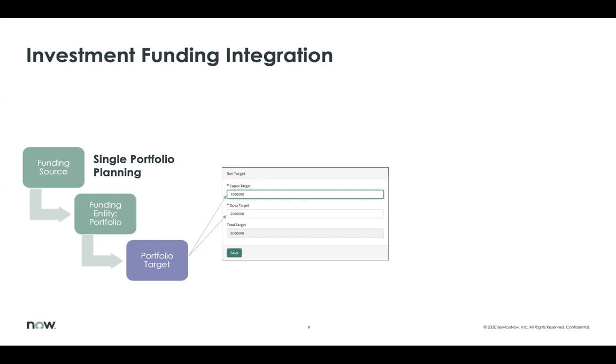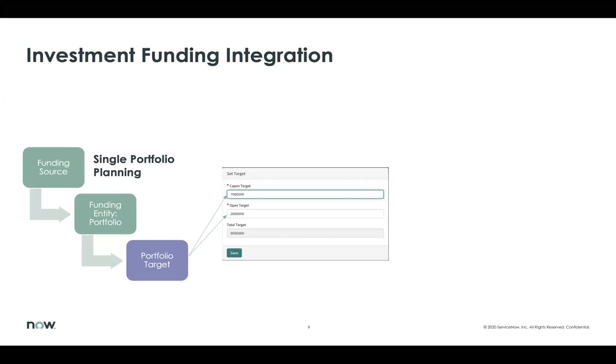In that portfolio Workbench, you could set a target of how much money you have been given to distribute to your projects and demands, and that became your financial constraint that you had to be dealing with.